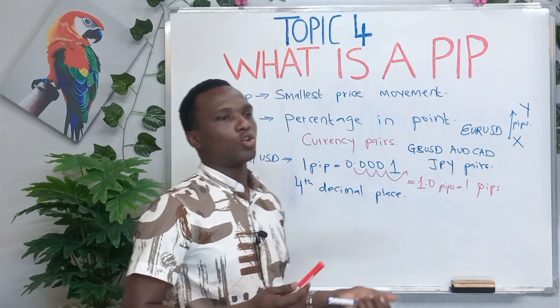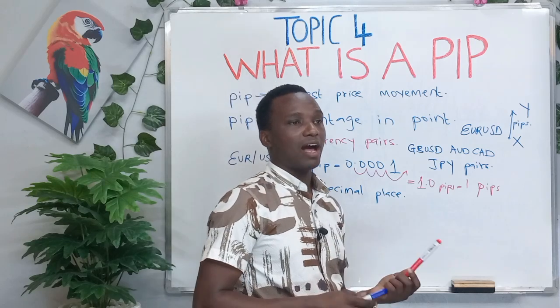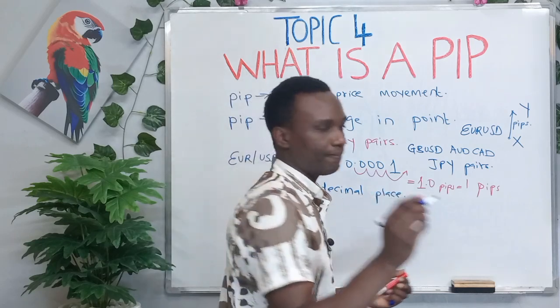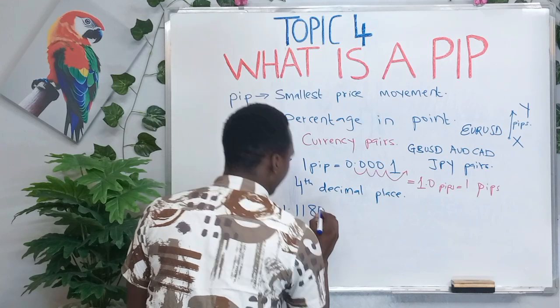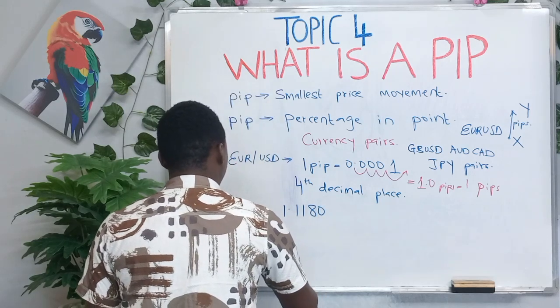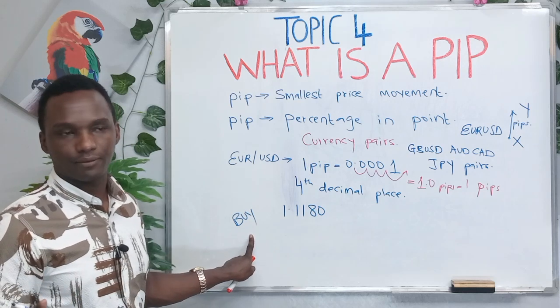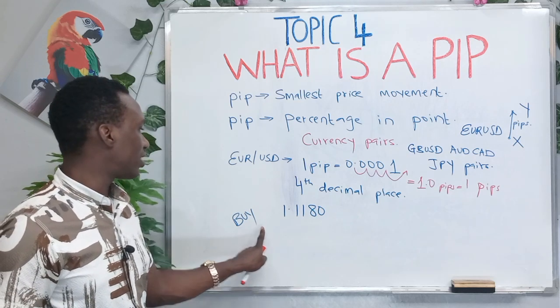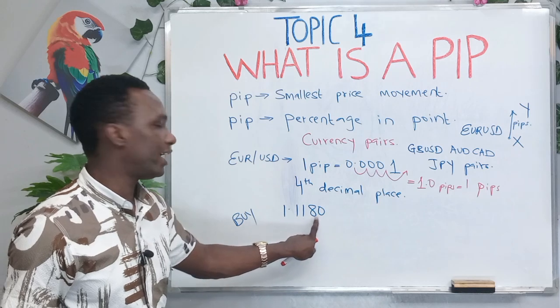All right? So let us look at an example. Another example whereby we have our price, okay, at 1.1180. This is an example, and this is a buy trade. For example, we have a buy trade. All right? So this buy trade appreciates in value from 1.1180.